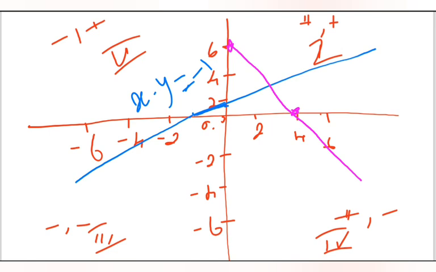So this will be our second line, that is, the equation is 3x plus 2y equal to 12. Maybe my graph won't be so clear, as I have drawn it approximately, so I'll be attaching the answer in the description.